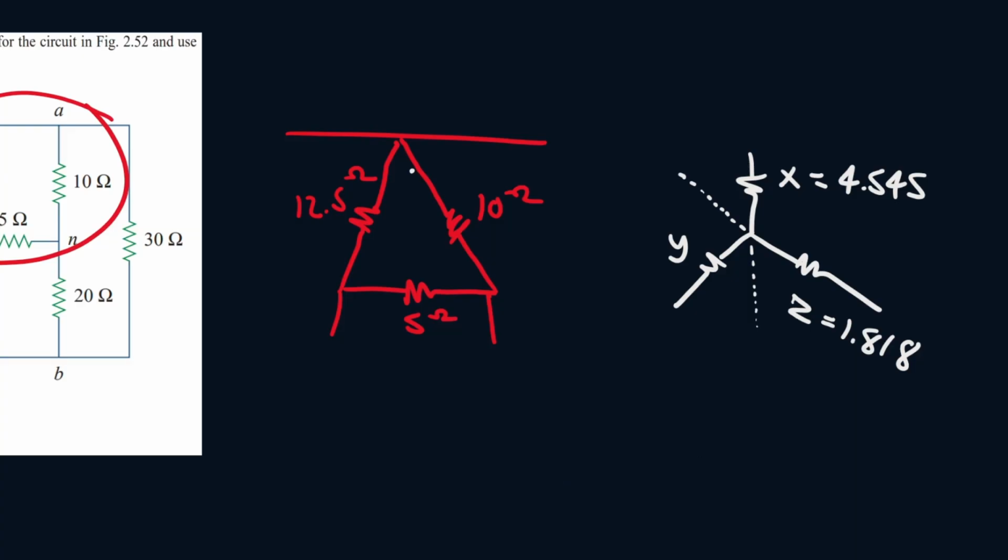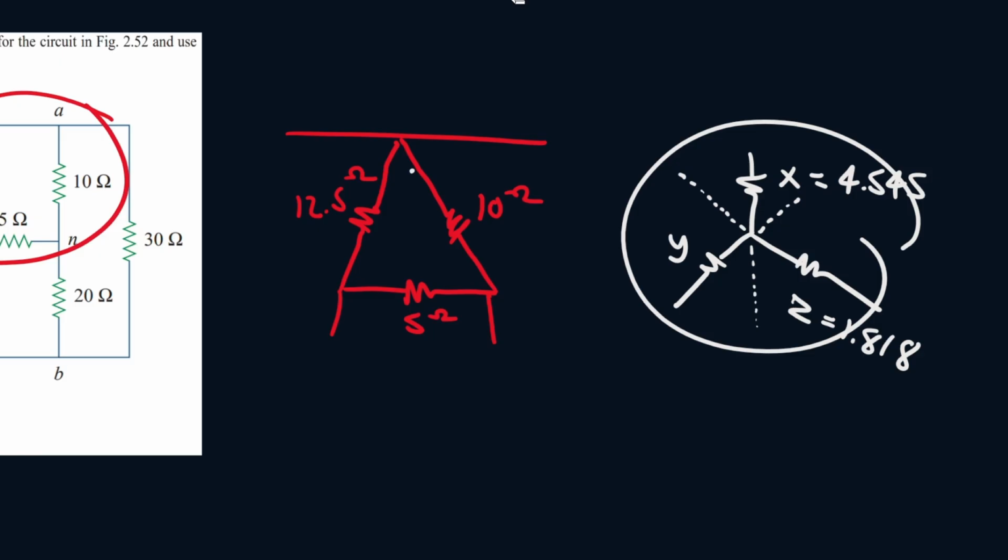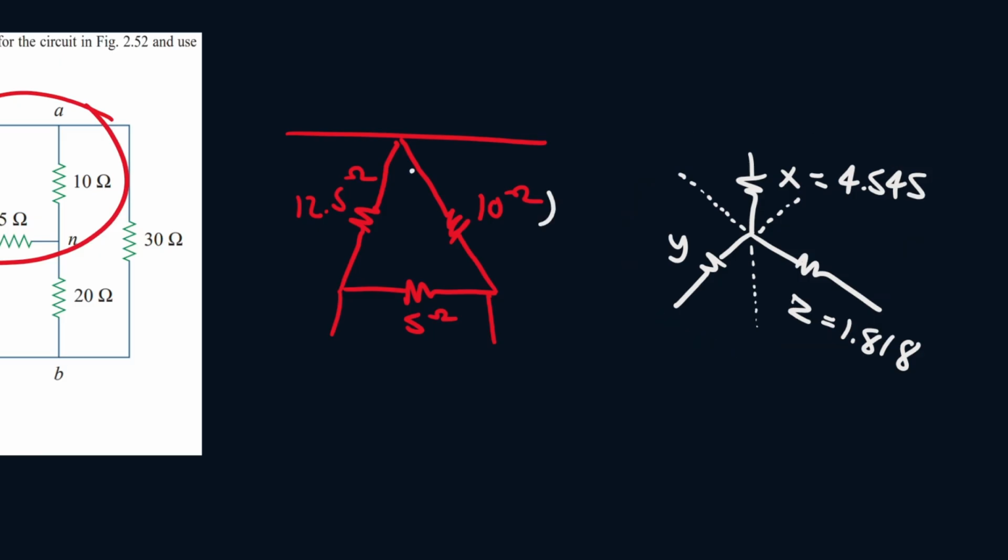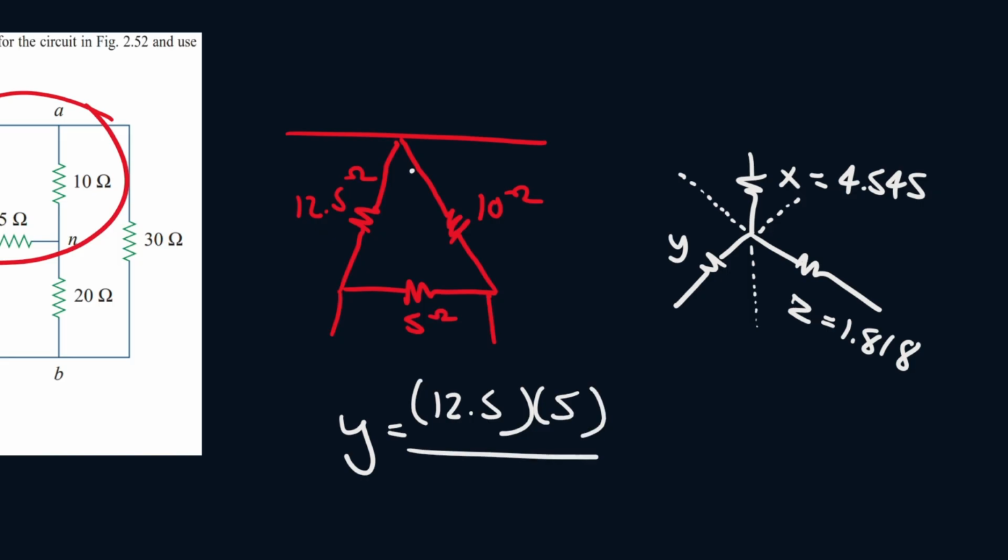Now for Y, again, dotted line aligned to the Y resistor, and we see if this circuit was actually inside the circle, it would be hitting the 10 ohm resistor, so that means we don't include it. So Y will be 12.5 times 5 all over 12.5 plus 5 plus 10.